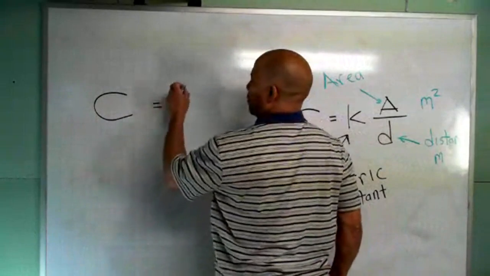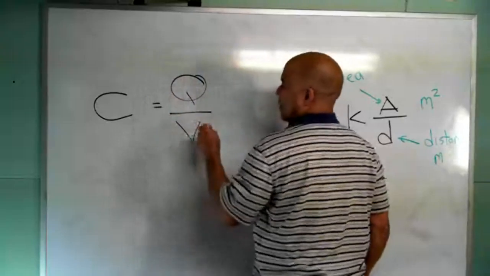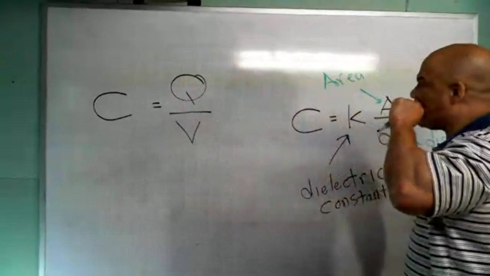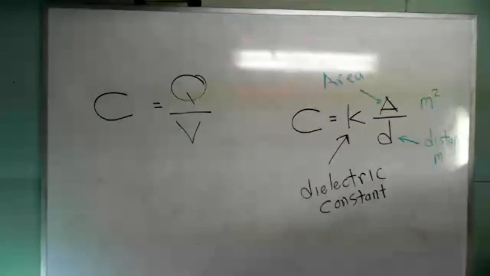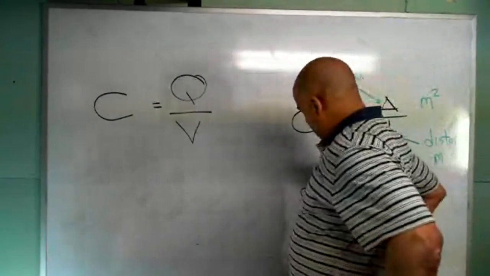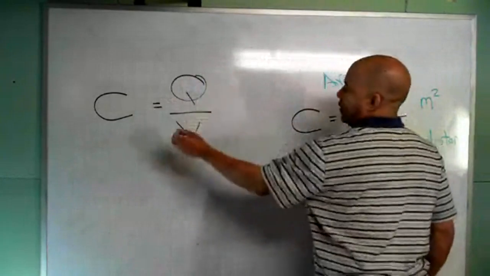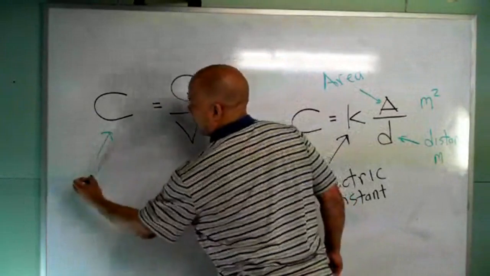C equals Q on V. C equals Q on V. And I'll give you the definition of these. You might remember this, right? Well, this of course is capacitance.